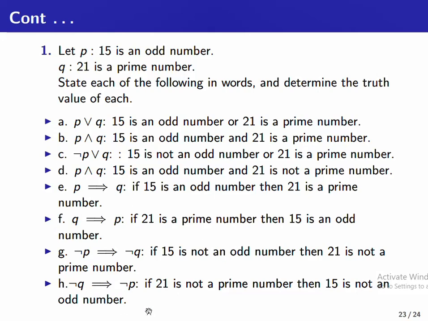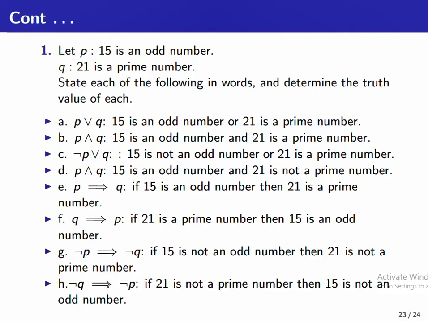This is the word form for negation Q implies negation P. Now the truth value from the above: Q is false, so negation Q is true, and negation P: since P is true, negation P is false.